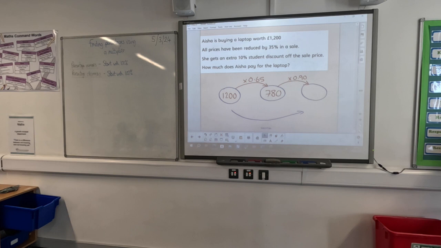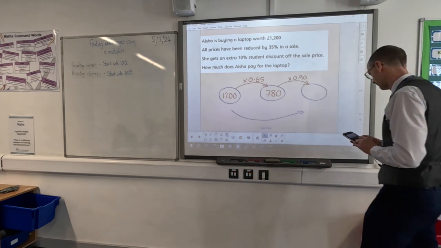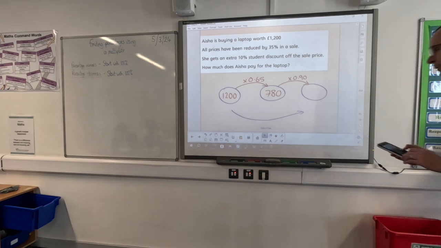Right. So work out what it should actually be, and then do the 45% decrease just to compare, just to convince yourself that it's not the same.